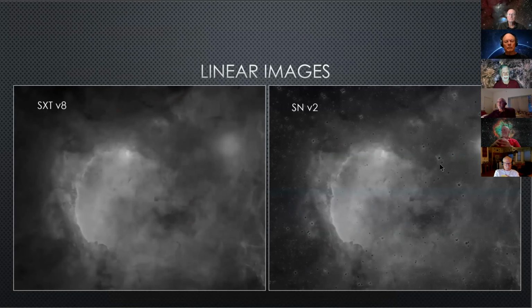And if we try to take that image back to when it was linear and just apply these things blindly, Star Exterminator on the left and StarNet on the right, you can see that in the linear state, Star Exterminator does a much better job, not leaving all these little strange features in black where the stars were. But as I said, you can force StarNet to overcome that. I won't go into how or the details of that, but I would be happy to communicate with anybody about it if they want.